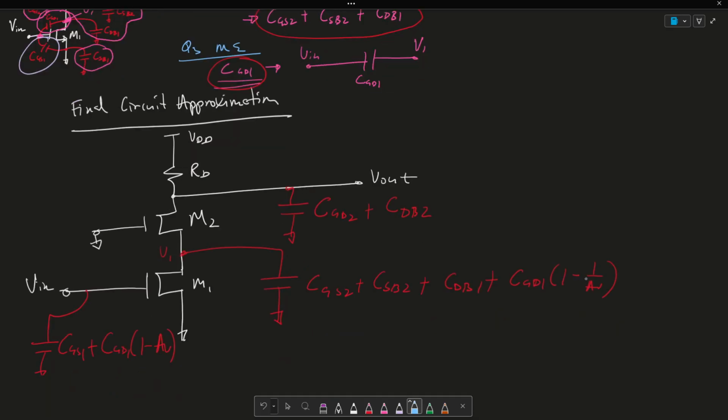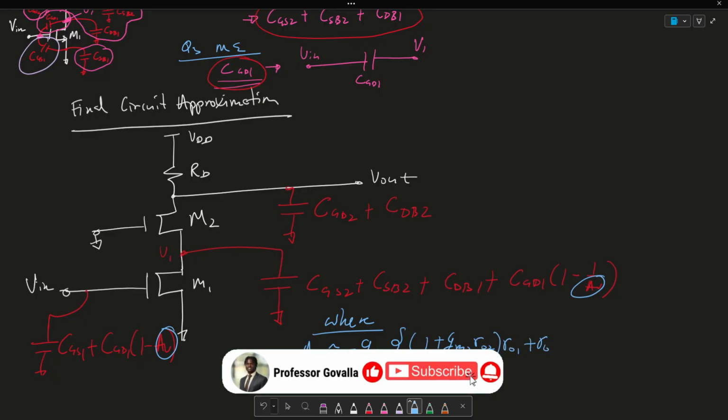So now the only thing to do is describe what this AV is. And again, I did a video proving this. The video is called Cascoded Amplifier Part 2. So we can say where AV is approximately minus GM1 times (1 plus GM2 RO2) times (RO1 plus RO2) in parallel with RD.